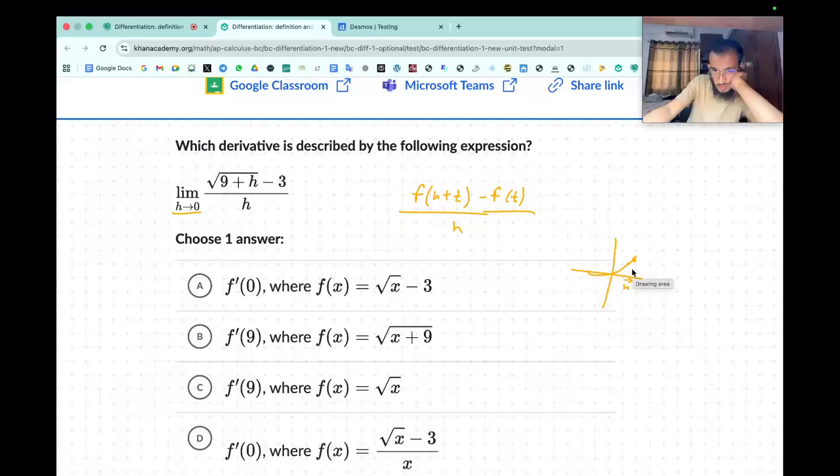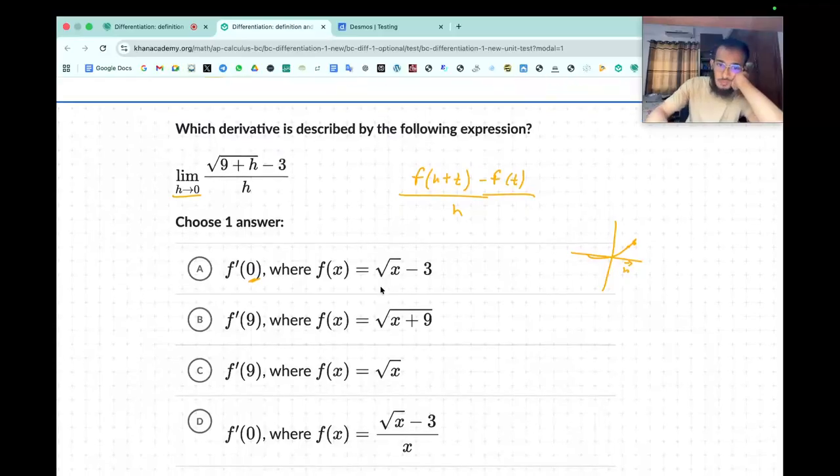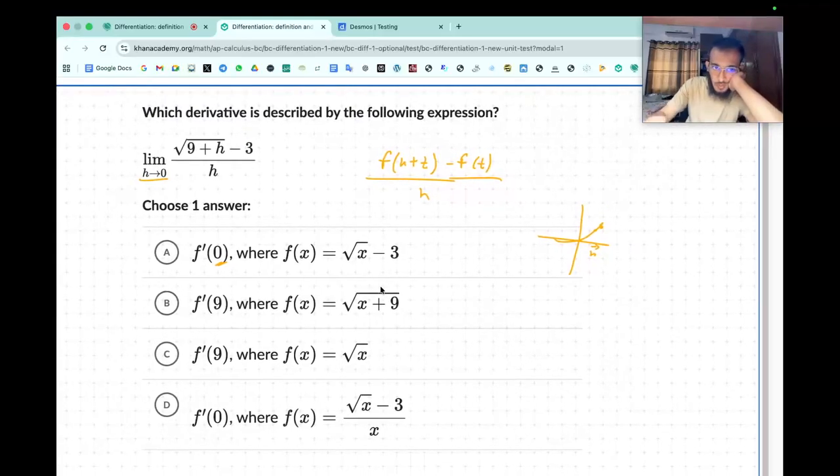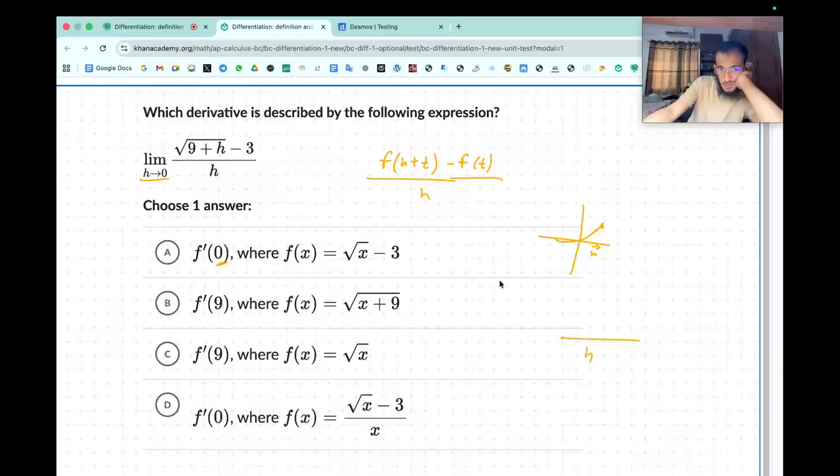So, if it is 0, how does it work? Below we have h, obviously. We need to plug in root h plus t. So root h plus 0 minus 3, this is the positive one, minus root 0 minus 3.